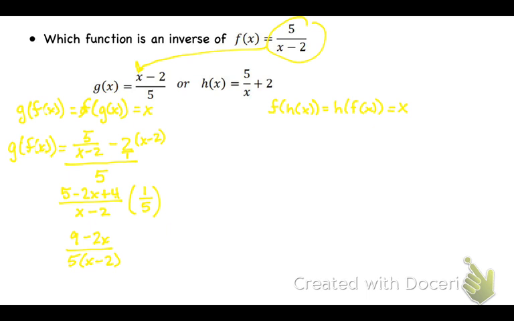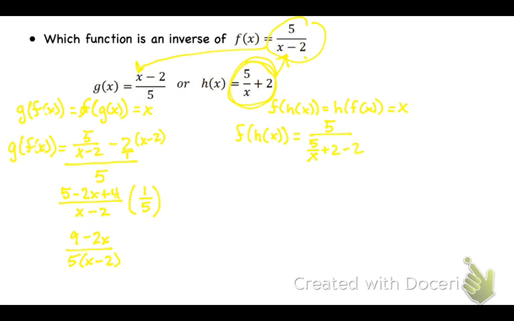Okay. So if I'm going to do f of h, I'm going to put h into f, right? Because I wrote it different. So f of h of x. So that's going to give me 5 over x, but the x is now this whole thing. So 5 over x plus 2 minus 2.